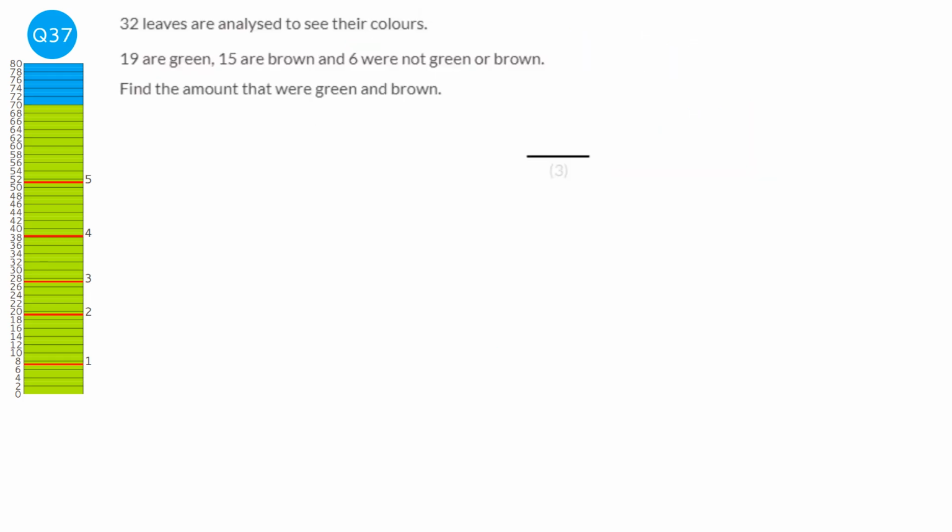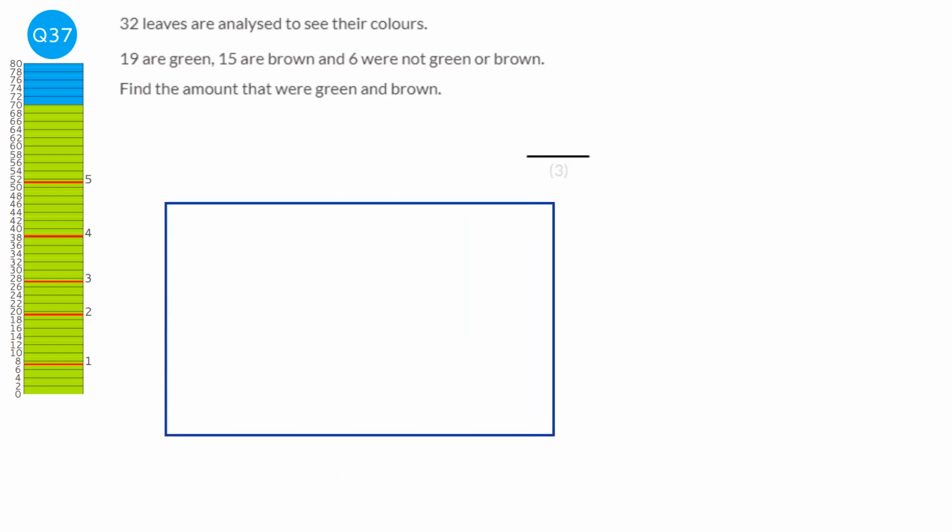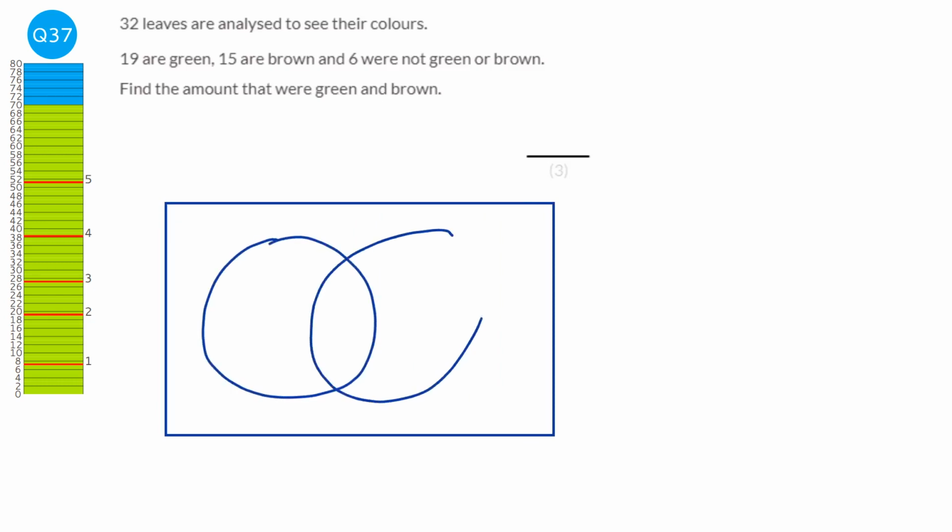We don't have to for this question, but it might be helpful to draw a Venn diagram for this. We've got green and brown leaves, so we'll have green on the left and brown on the right. We're told that there are 19 green and 15 brown and 6 that were not green or brown. So the only number we can put in is the 6 on the outside of the Venn diagram.